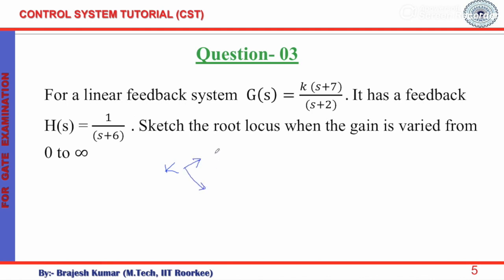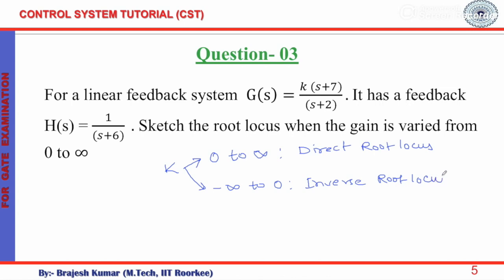It can be from 0 to infinity, and when it is from 0 to infinity, you say that it is direct root locus. And when the gain varies from minus infinity to 0, you say that it is inverse root locus.